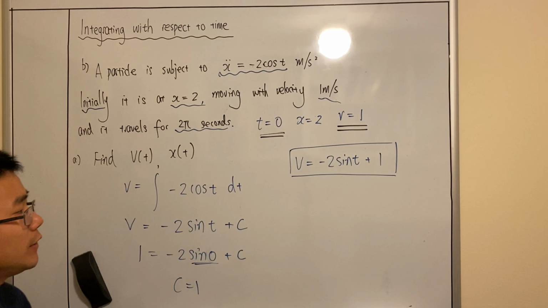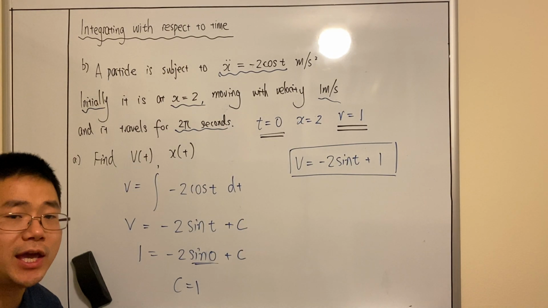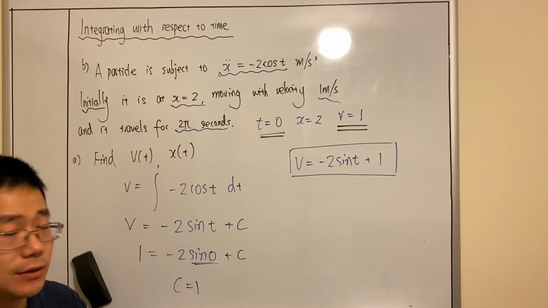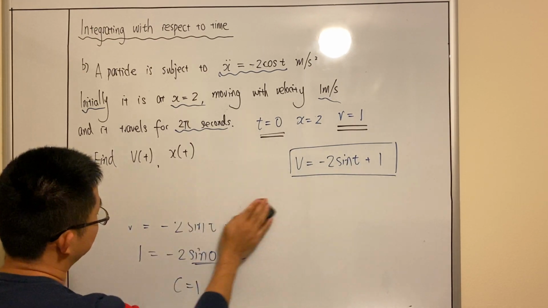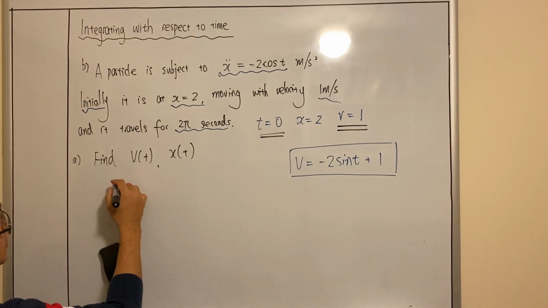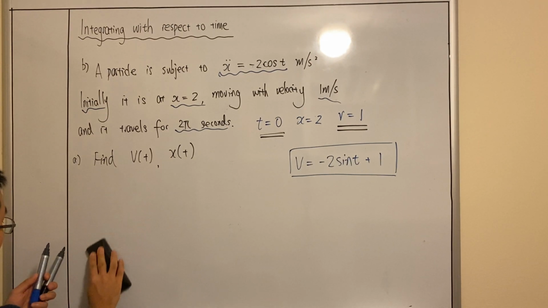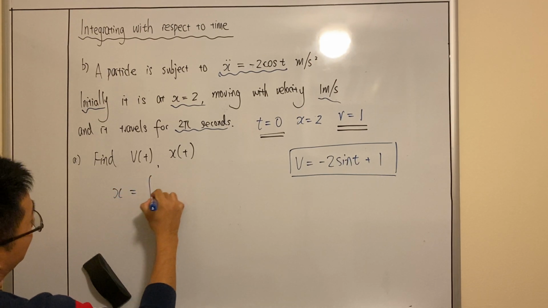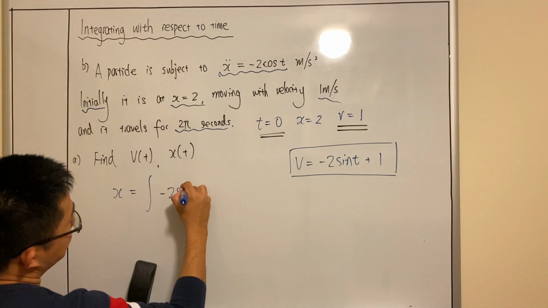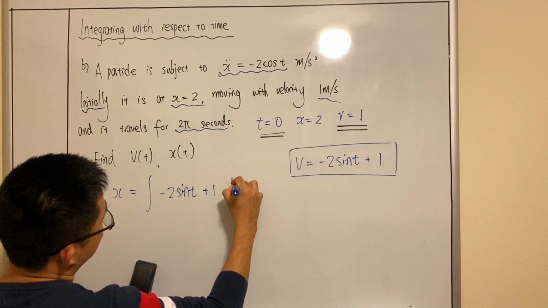Once you get the velocity function in terms of time, we need to integrate one more time to get the displacement function. So you integrate the velocity function, negative 2 sine t plus 1 dt.